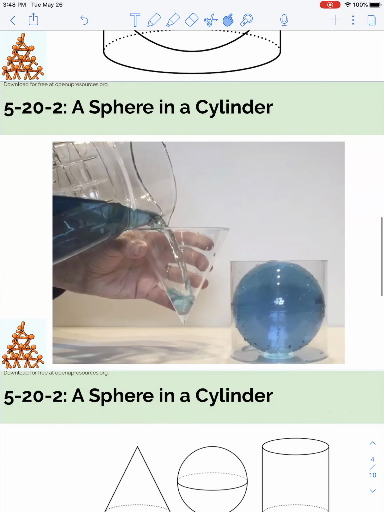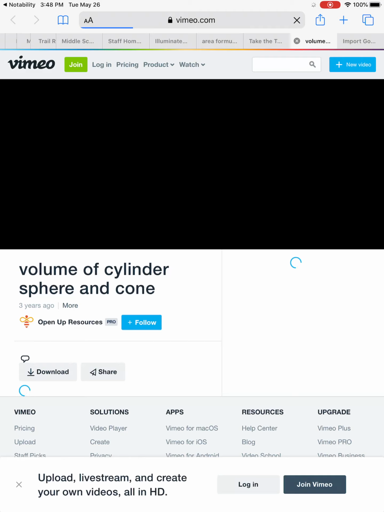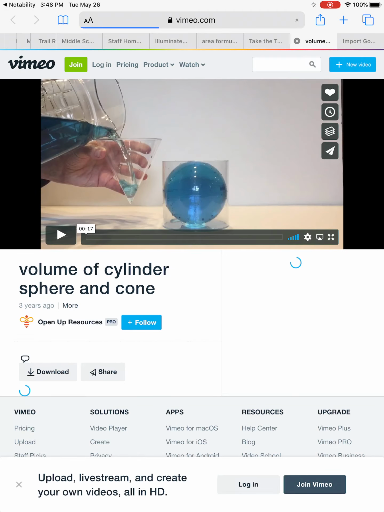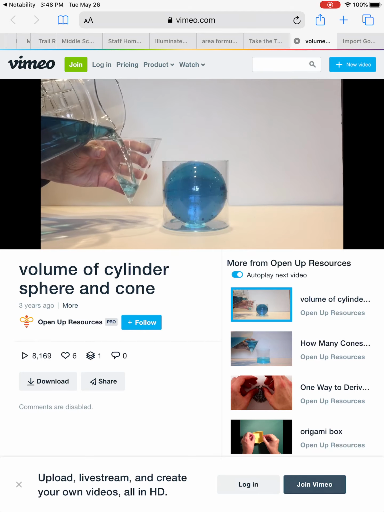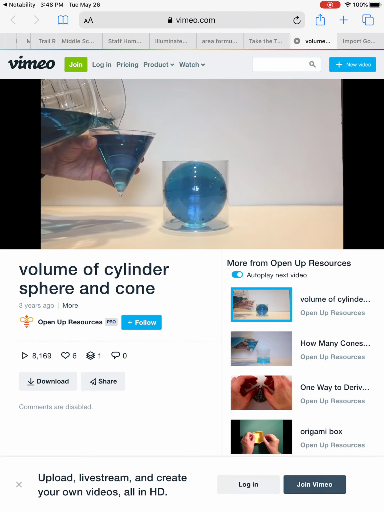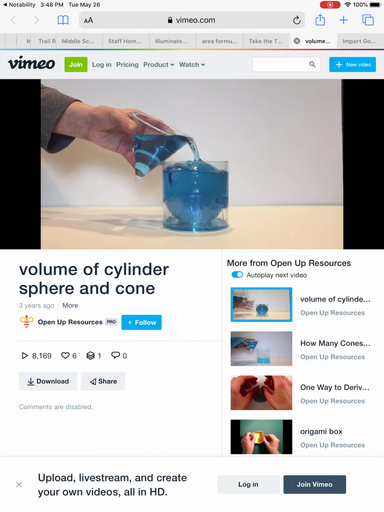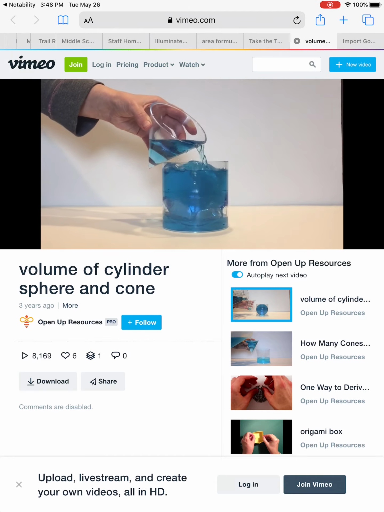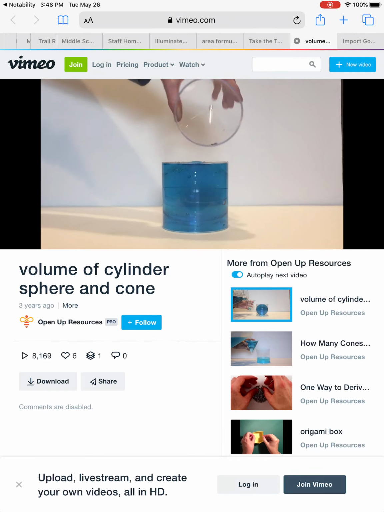This is linked to a video, which I'll try to open. Maybe it will work. Okay, cool. So you guys can see this. Pretty much they're showing you here's a sphere, and that's how it fits in a cylinder, and here's a cone. When we pour the volume of the cone into the cylinder with the sphere in it, it completely covers it.